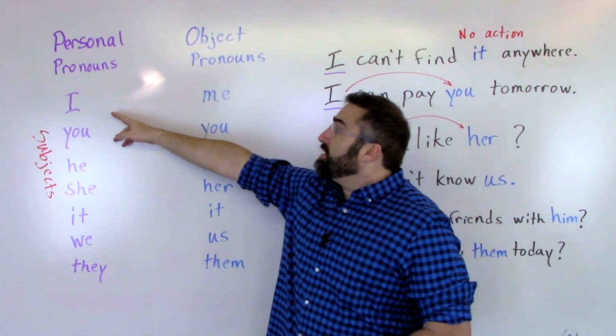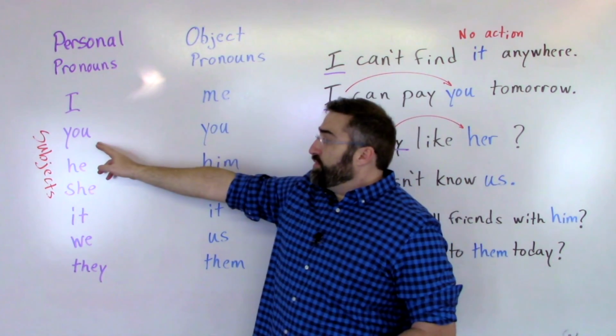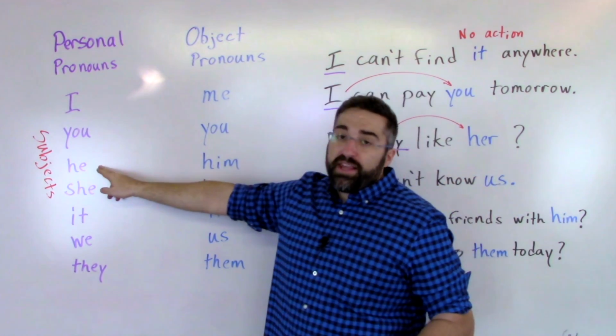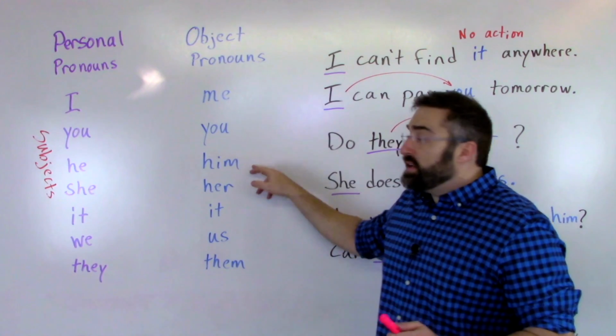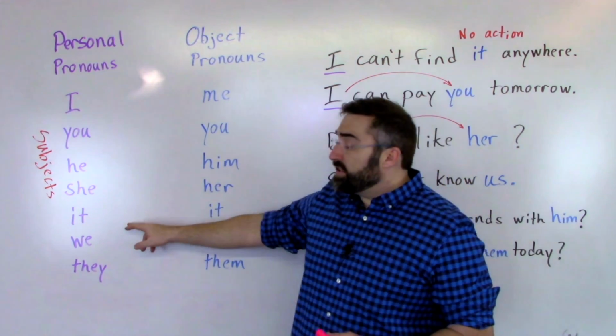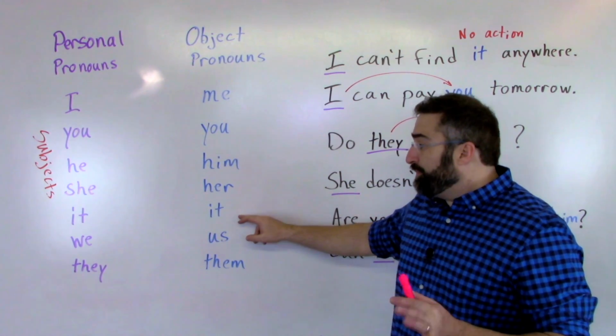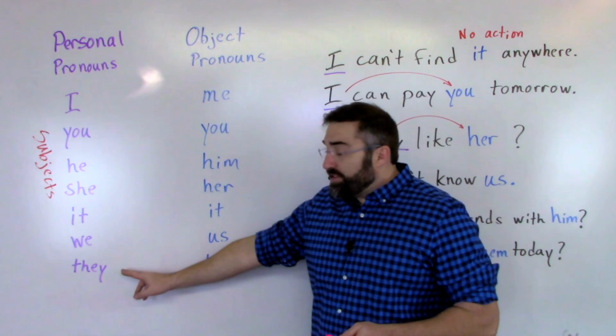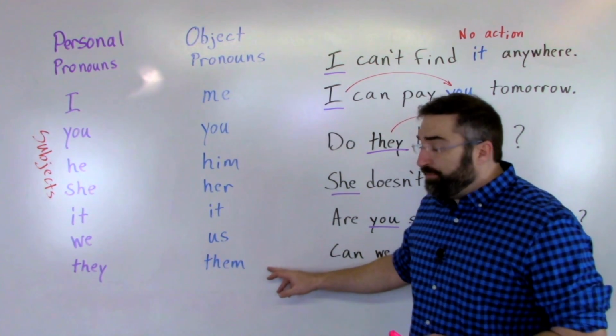So I becomes me, you stays the same, it doesn't change. He turns to him, she becomes her, it stays the same also. We becomes us, and they becomes them.